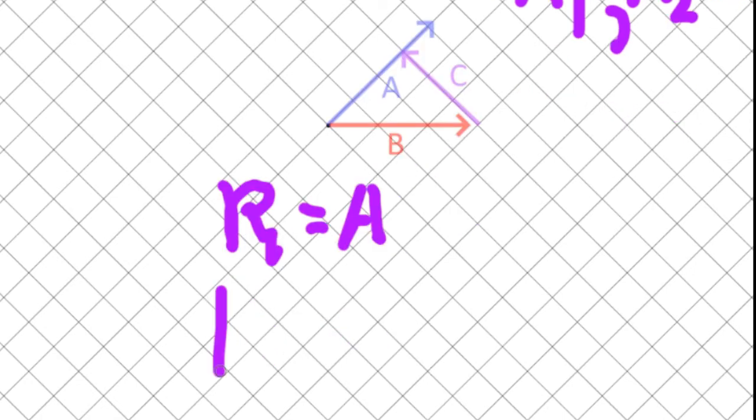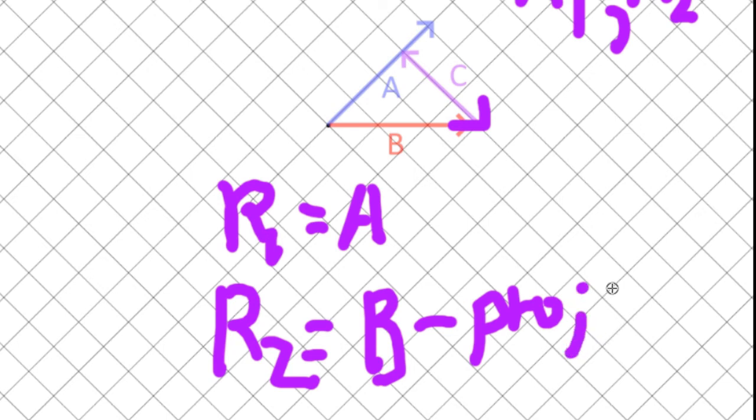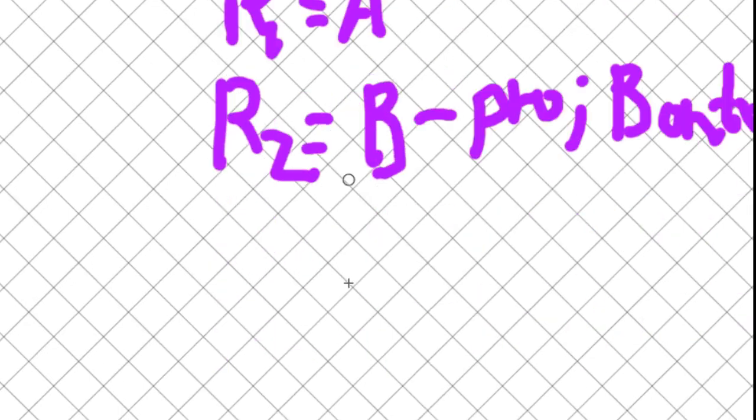And then with R2, if we want to find the orthogonal vector R2, all we have to do is take vector B, the second vector that spans our vector space, and subtract the projection of B onto A, whatever is parallel to A. And then we know that formula from earlier.